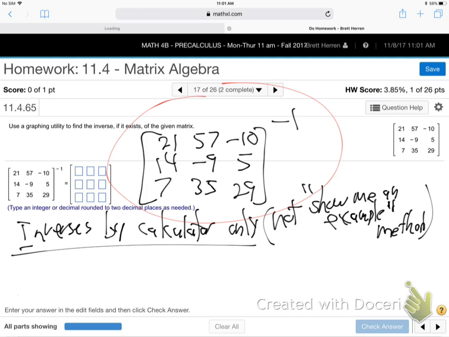Hit second matrix, go over twice to edit, hit enter, and choose 3 by 3.